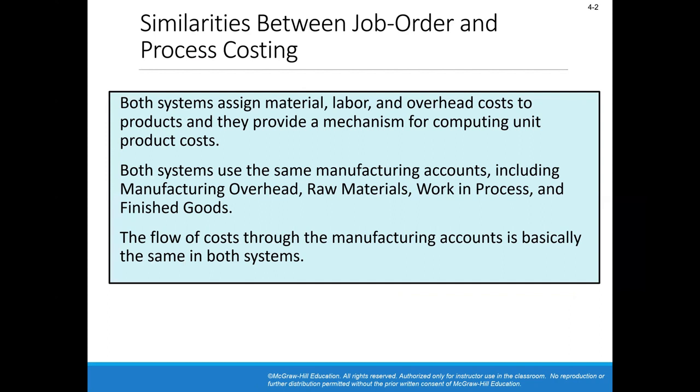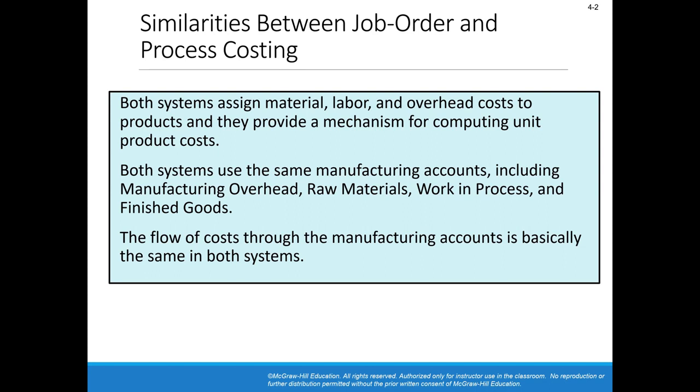Okay, so there are some similarities between the two systems, from the job order and from the process costing. So both systems will assign material, labor, and overhead. So remember, we have those direct material, direct labor, and manufacturing overhead. That's our 3 buckets. So we're going to take those costs and assign them to the products, and they provide a mechanism for computing unit product costs.